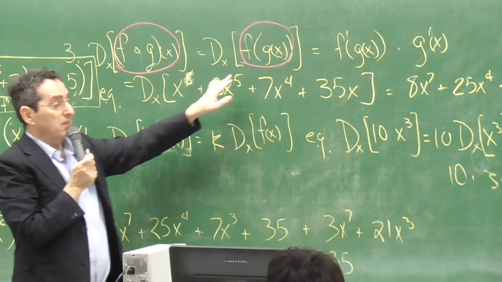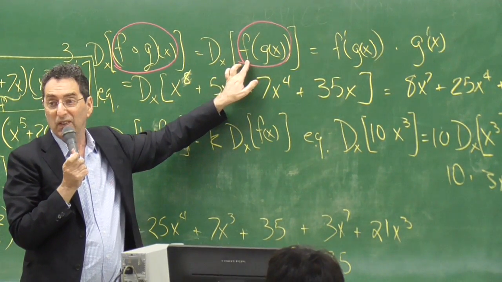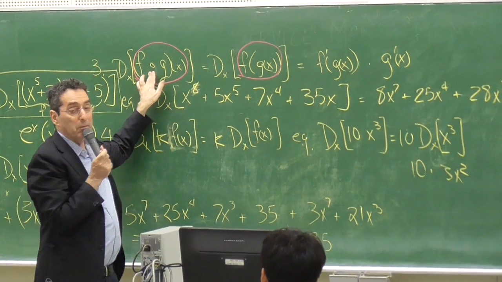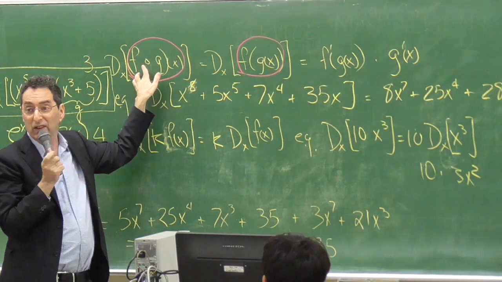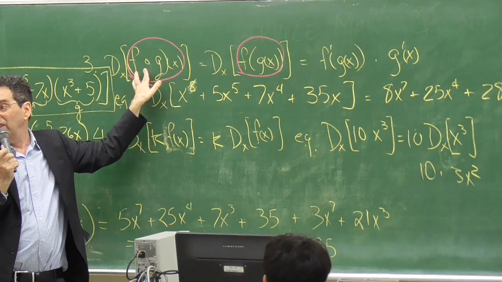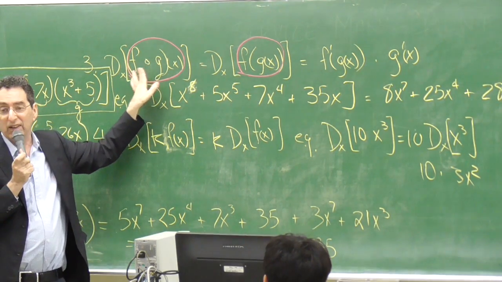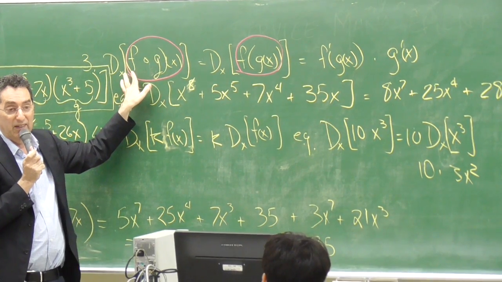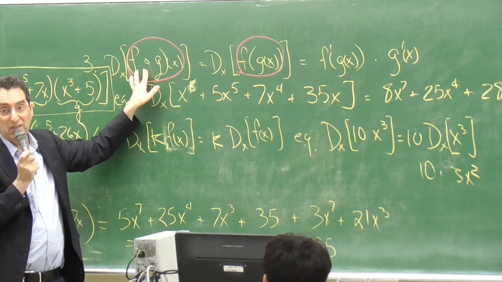This one tells you exactly what you have to do, whereas this one writes it as though it's an operation called circle. You're saying you have an operation with two functions on each side.